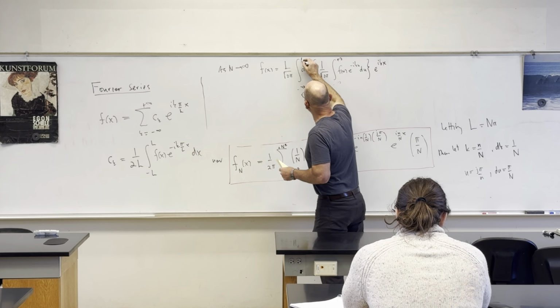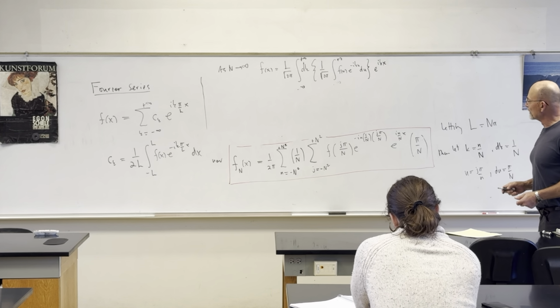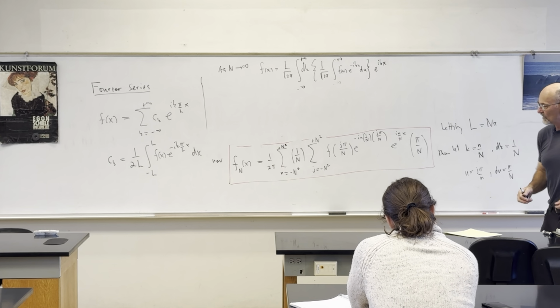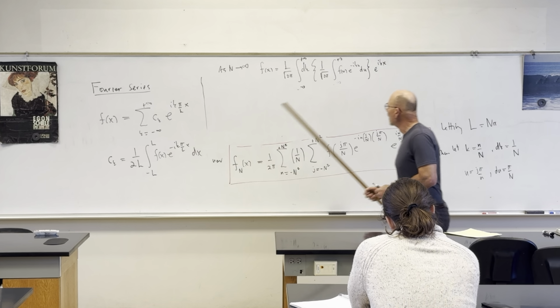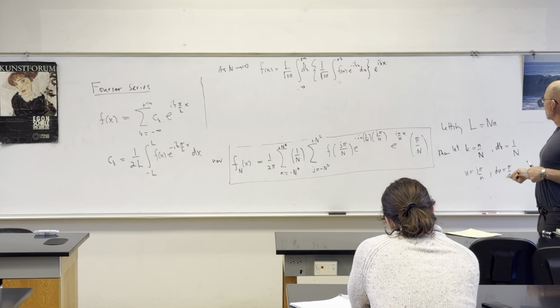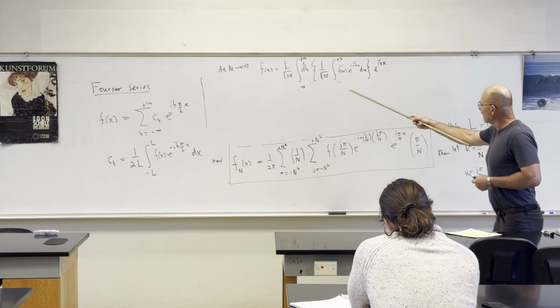So I've distributed the 1 over 2 pi to each of these integrals. Here we go. So you can admire all these now. Right, so there was your dk right there.